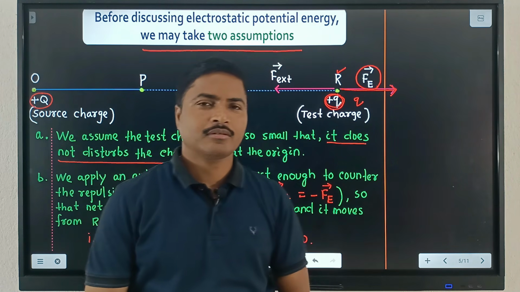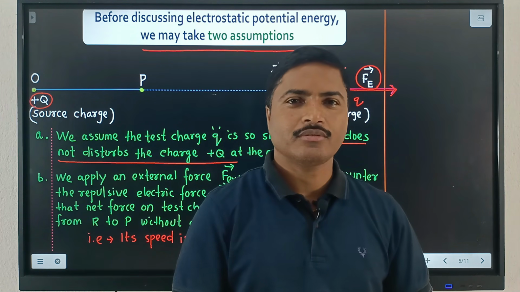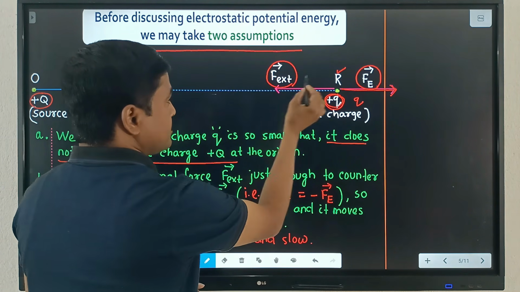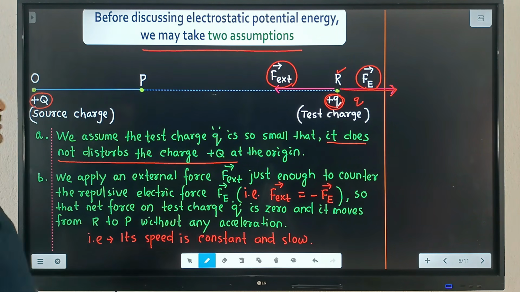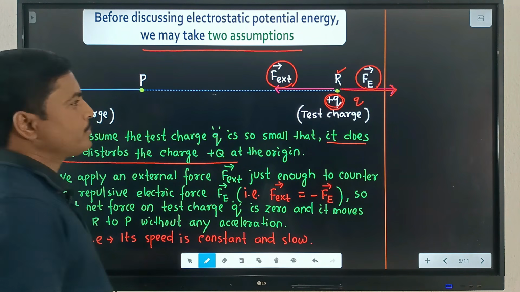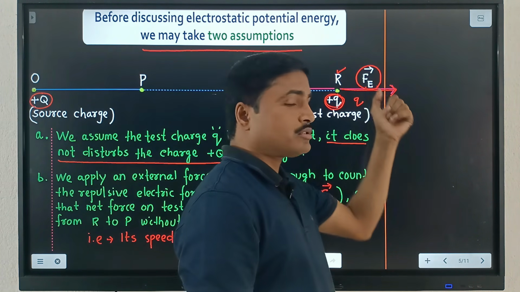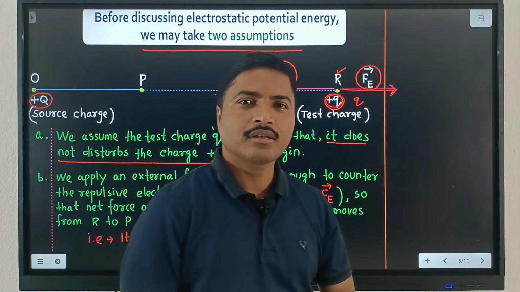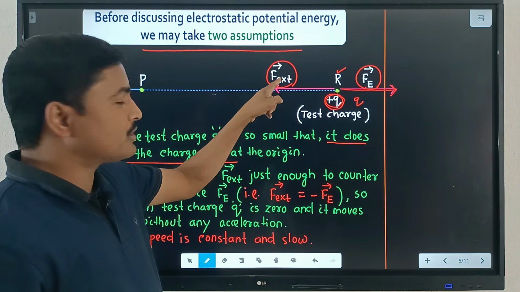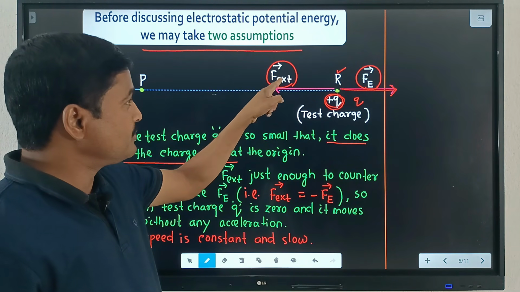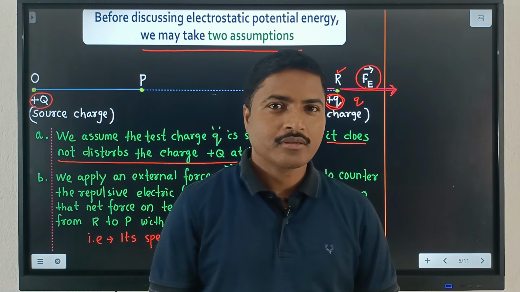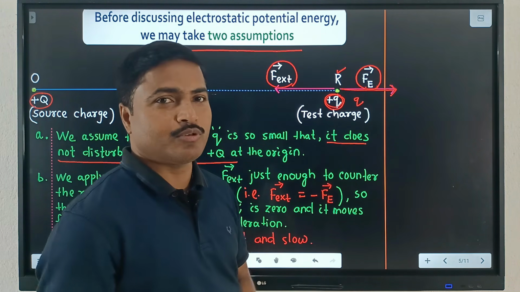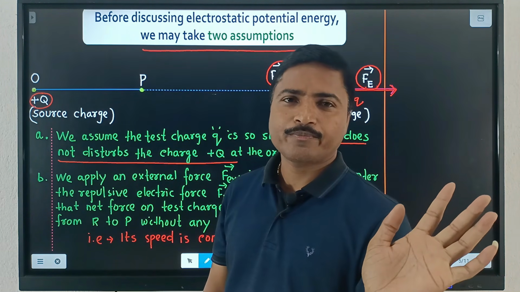Then we apply another external force just opposite to the electrostatic force. And what is the second assumption? Magnitude of this external force is equal to magnitude of the electrostatic force, or maybe slightly greater.